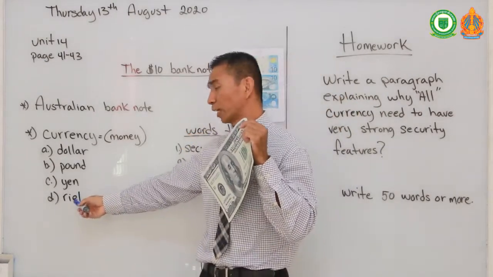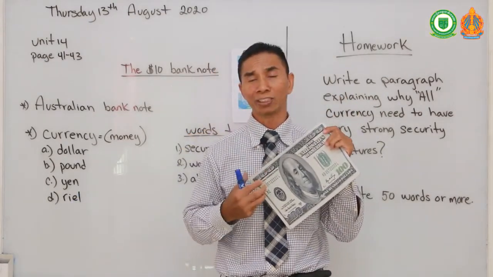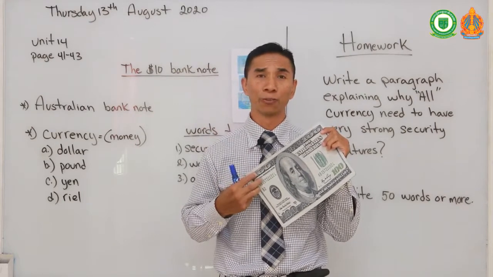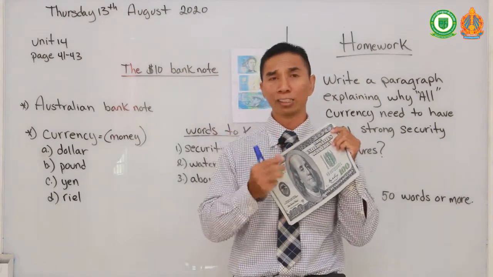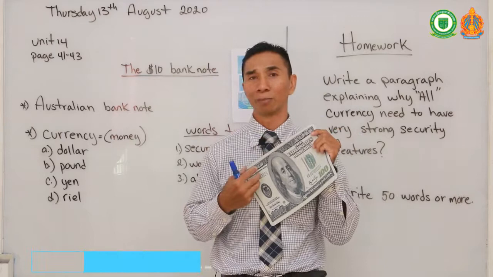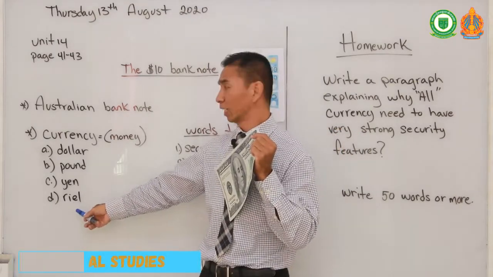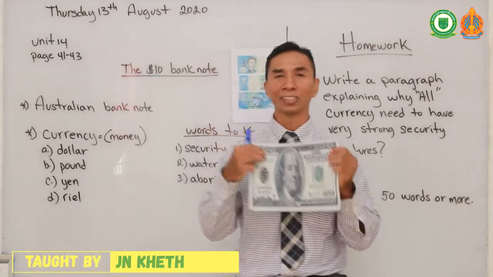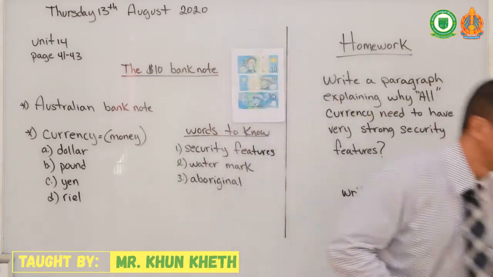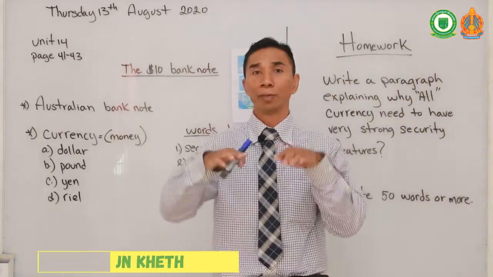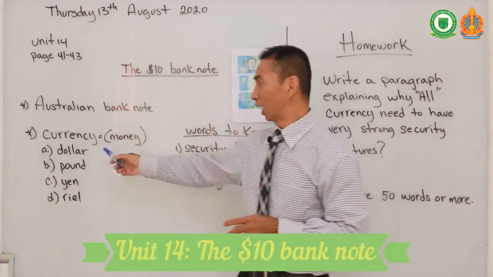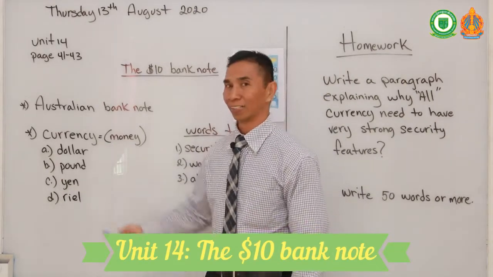When you change it for riel, they will give you some extra change, right? Instead of giving you 400,000, they give you 400,000 plus some extra money, right? Maybe 4,000 or 5,000 riel. The extra 4,000 or 5,000 riel is called the currency rate, because that is how much the value of the money goes for. We have also discussed that. I hope you understand that.